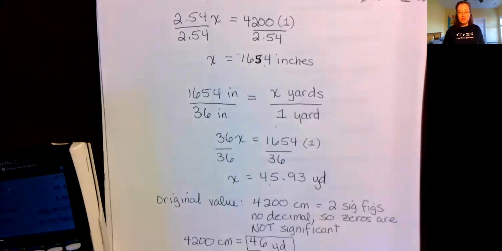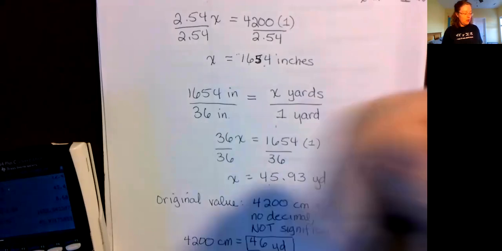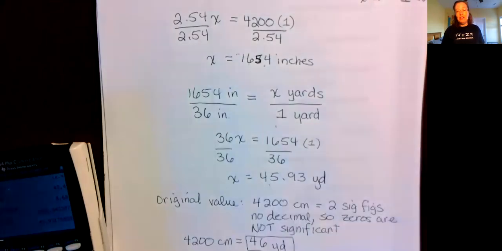If you're good with setting these up or not even needing to, if the other value is a 1 and you know immediately, oh, I'm going to a larger sized unit, so I divide, or I'm going to a smaller sized unit, so I multiply, that's great. Do it however you need to do it. I just haven't taught this way before to help students, and I wanted to make sure you had this option if you decide you want to use it.